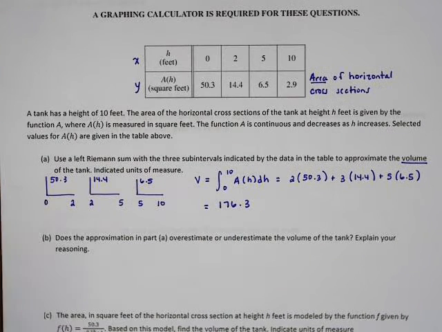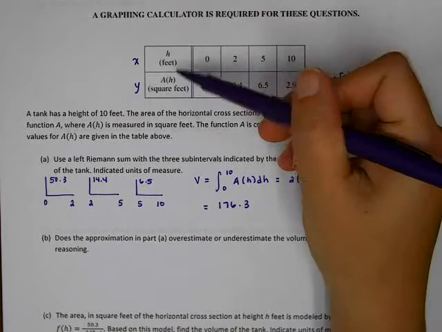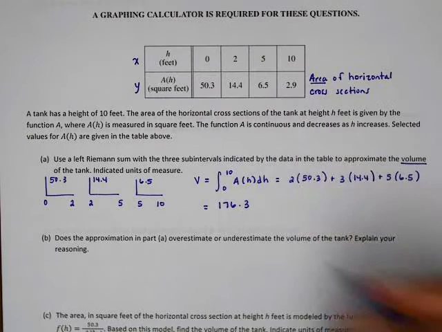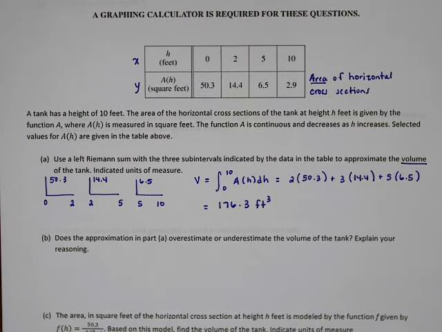Now it does specifically say in the question to indicate the units of measure. The units here are going to be volume units. So square feet, if we multiply bases times heights, square feet times another foot, would be feet cubed, which makes sense because volume units are usually units cubed.